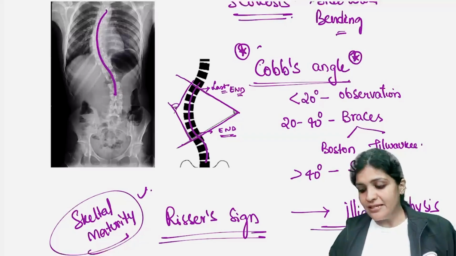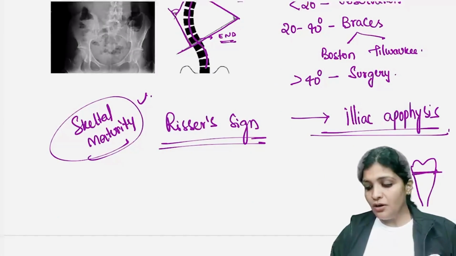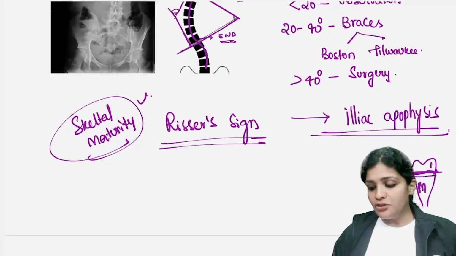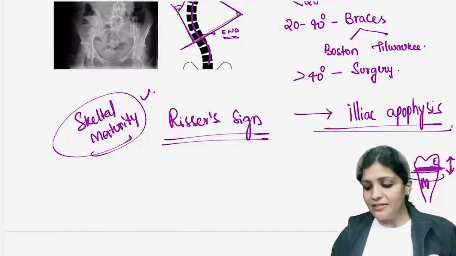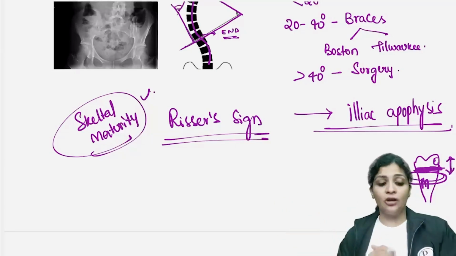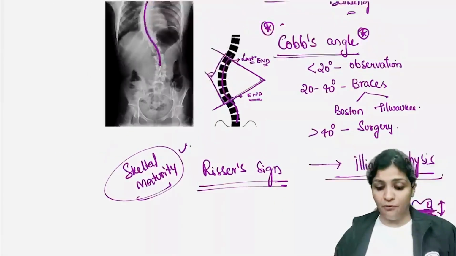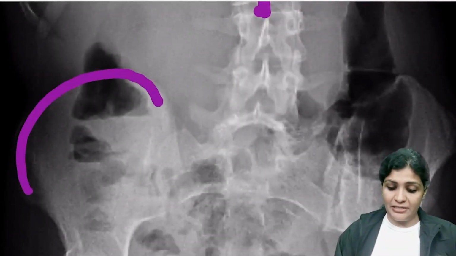The epiphysis is present near the end of the bone, between the metaphysis and the epi, with the physis in between, which increases the length of the bone. Then what is the apophysis? The apophysis increases the circumference of the bone. Take the example of the iliac apophysis. This is the area where you have to look for the iliac apophysis, right?